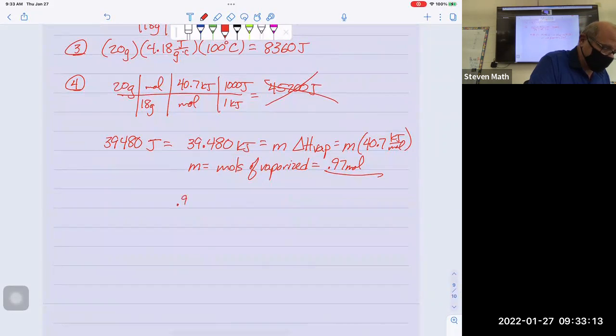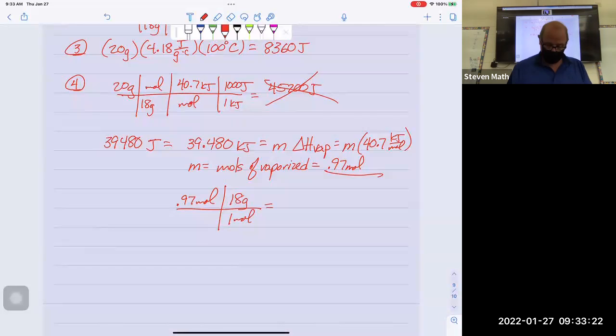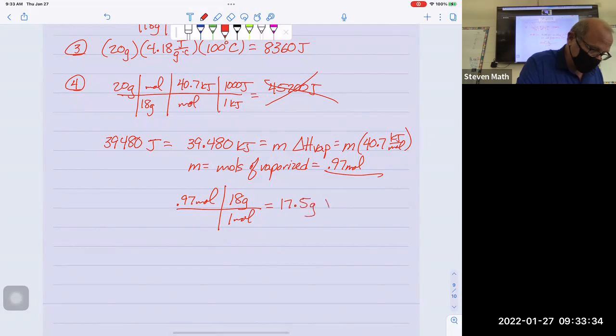I'm just going to take that down here. 1 mole, 18 grams. So 17.4, 17.5 of this is vapor.